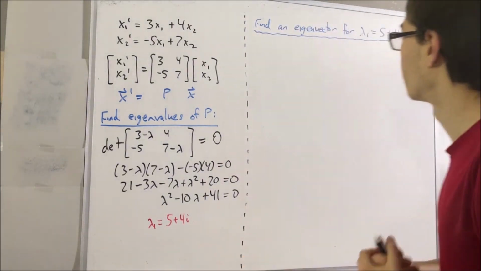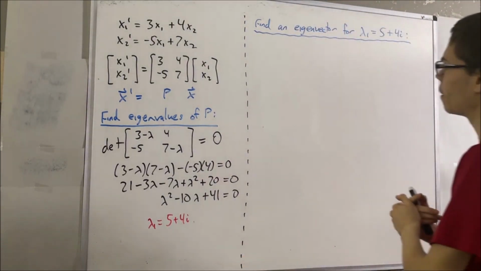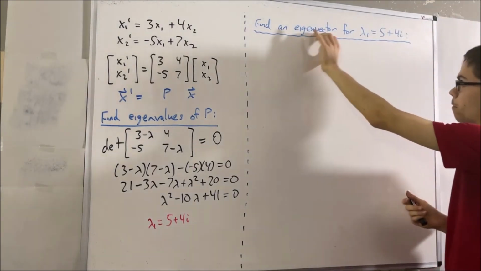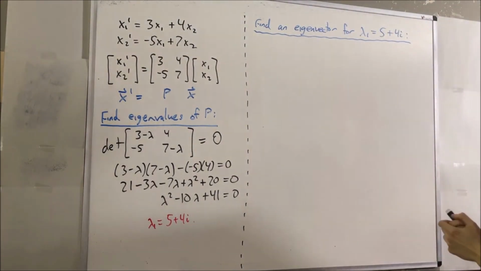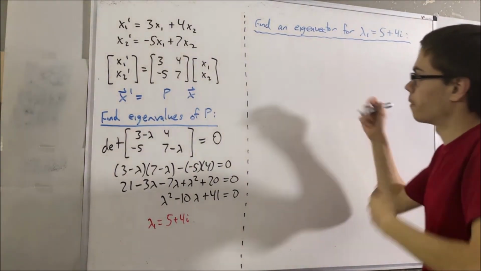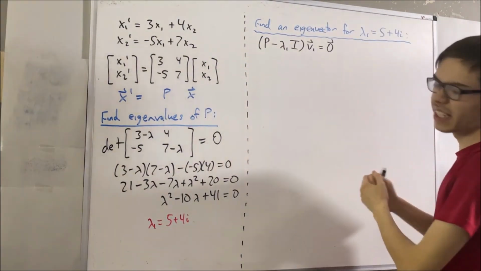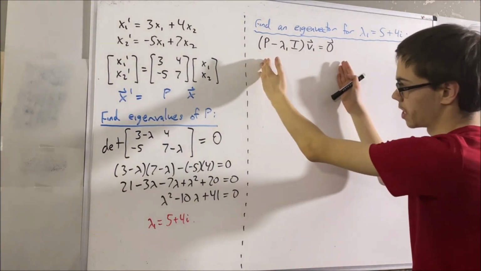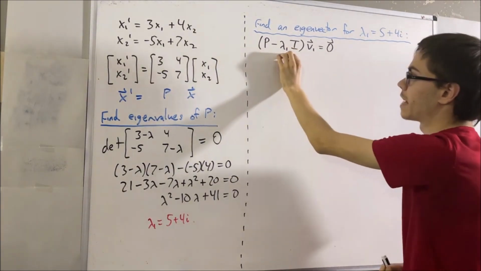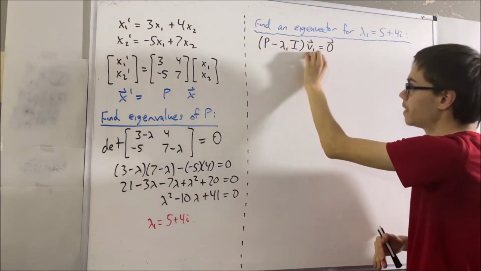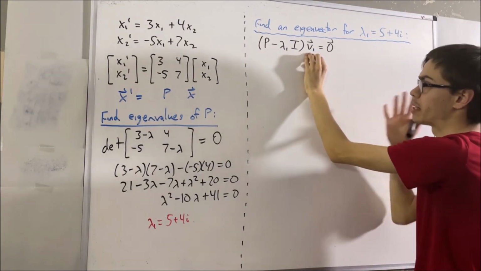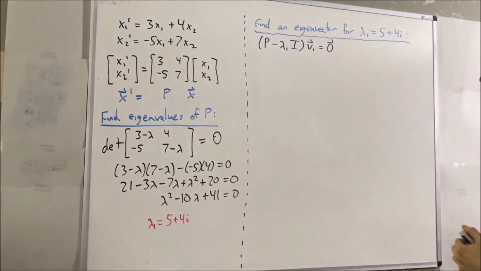So, how do we find an eigenvector for an eigenvalue? Well, to do that, we could use the following matrix equation. So basically, we're going to use this matrix equation, where lambda 1 is our eigenvalue, and v1 is an eigenvector corresponding to that eigenvalue.